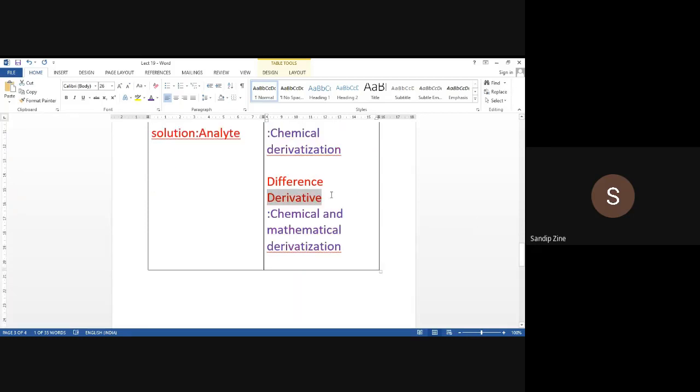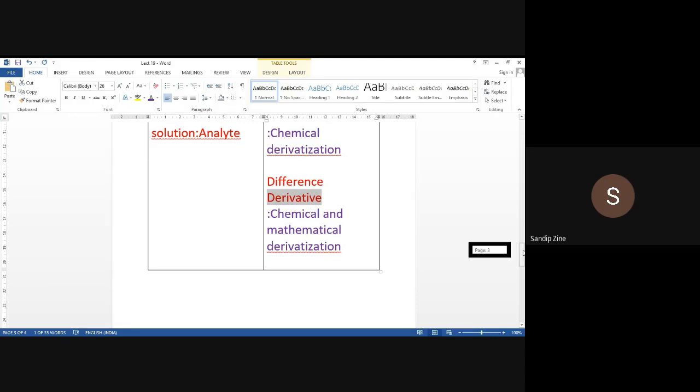Suppose somebody asks you, what is the difference between difference spectrometry and difference derivative spectrometry? In GPAT also such questions will be there. Difference derivative spectroscopy involves: your options will be chemical derivatization, mathematical derivatization, or both. The answer is both chemical as well as mathematical.